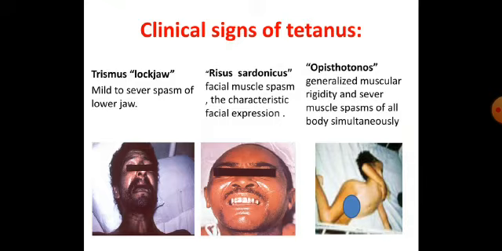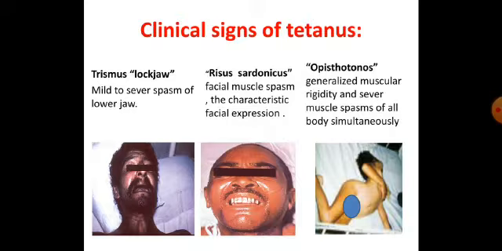The clinical signs of tetanus are a triad. First, trismus or lockjaw, mild to severe spasm of lower jaw masseter muscles. Then, risus sardonicus, or this characteristic facial expression due to facial muscle spasm.